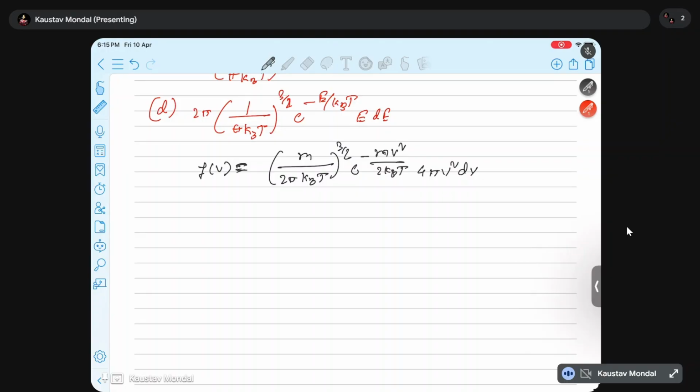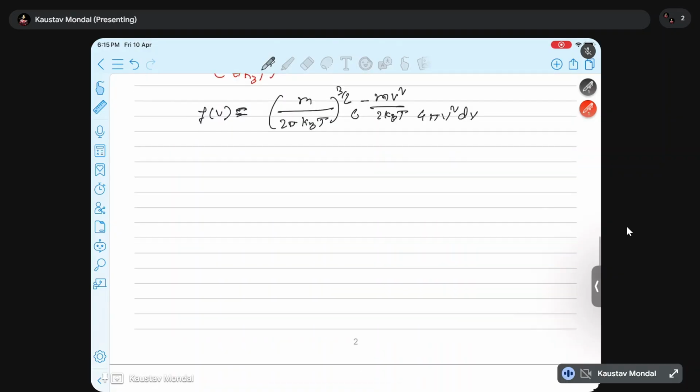So now, what will we do next? Now we have to convert this variable from velocity to energy. So kinetic energy you can write in terms of velocity: E equal to half mv squared. So in that case v is the square root of 2E by m.